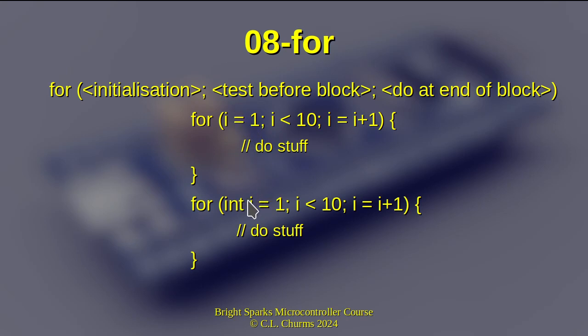And so we're allowed to just say, I have an integer called I, which I'm now going to use inside of this block. Okay? So I've declared it at the same time that I made it equal to 1. And so that is the same as that, but we do that when we don't have an I elsewhere in the program that we want to use.